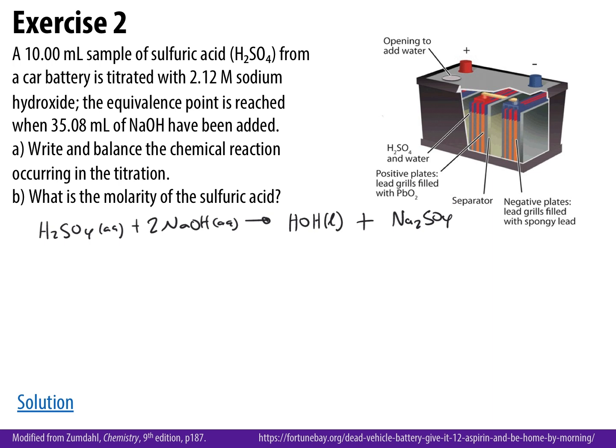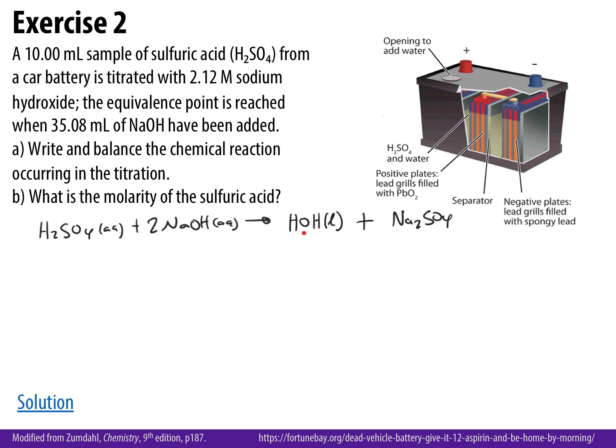Now I can use a normal sort of double displacement reaction approach of ping pong over to the other side. 2 Na ions, that's here, that's good. But if I look at SO4, one of those, ping pong over to the other side. There's one SO4 on each side. 2 H's here, ping pong over to the other side.